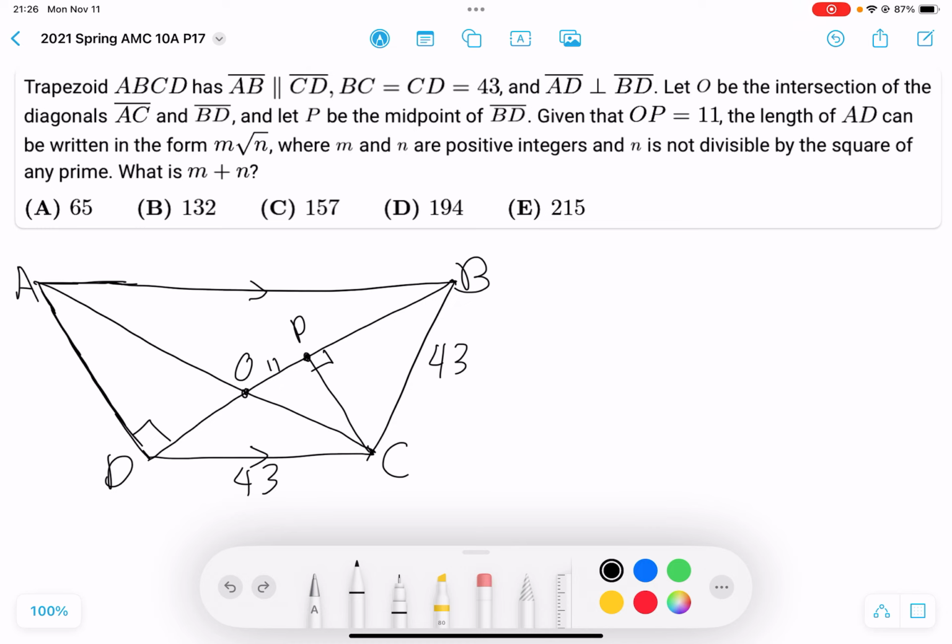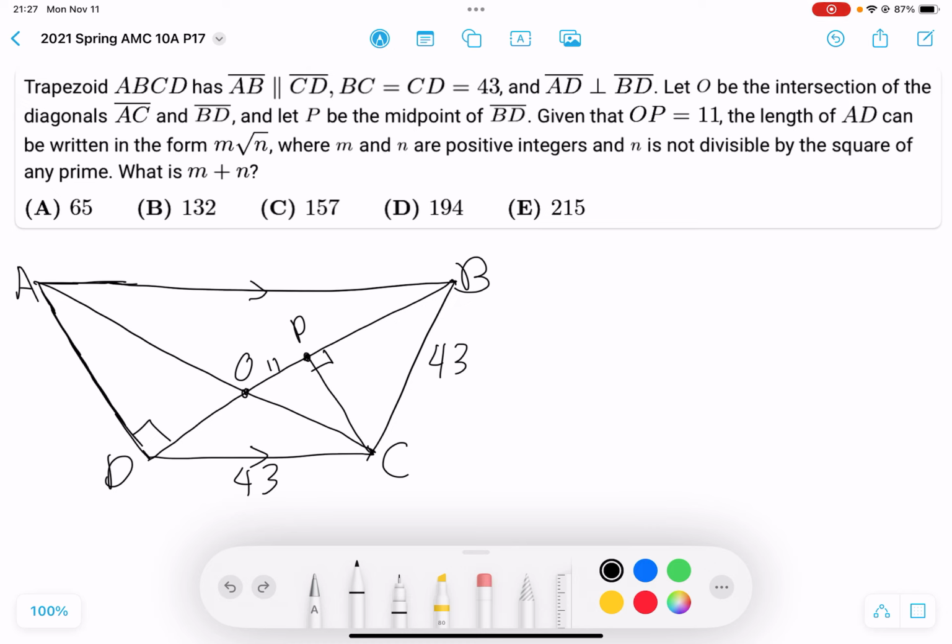Those two triangles are similar. And then we also have POC and ADO, because these two angles are equal. There are two 90-degree angles, so by the angle theorem, triangle ADO is similar to triangle CPO.